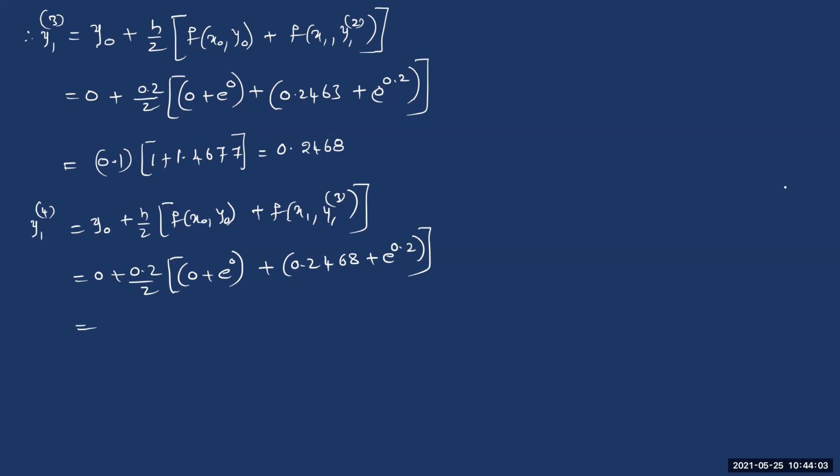Somebody is giving me the answer here. Yes, you'll get the same 0.2468. Since 4 digits after the decimal point are the same here, we have 4 decimal accuracy and can conclude that y1, which means y at 0.2, is equal to 0.2468.